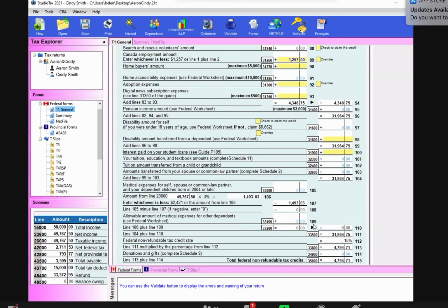Another thing is donations. For the donation amount, they just subtract 200, and then it doesn't change. Whether you put it on the person with high income or low income, it's the same. They just subtract 200. That's it. So if the credit is the same, the best thing is to put it on the person with high income.